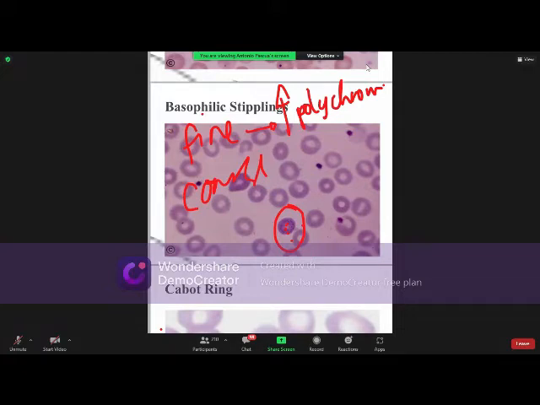So imagine, if within your blood you have a lot of reticulocytes, there could be a possibility of increased production from the marrow that may then result in the precipitation of those RNA within your cells. Okay? So that's one. That's why you get basophilic stippling, because there is polychromasia.